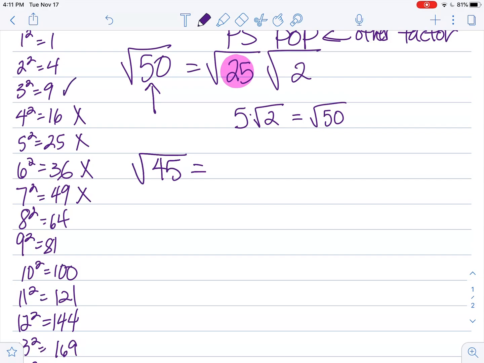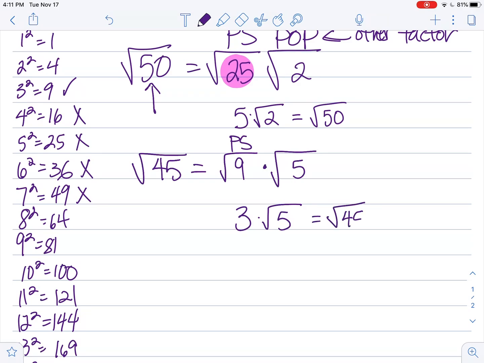But 9 works, so 9 is our PS. 9 times some number gives 45, and that other number is 5. The square root of 9 is 3, so you're left with 3 times the square root of 5. The square root of 5 cannot be simplified, so you are done. This is equal to the square root of 45.